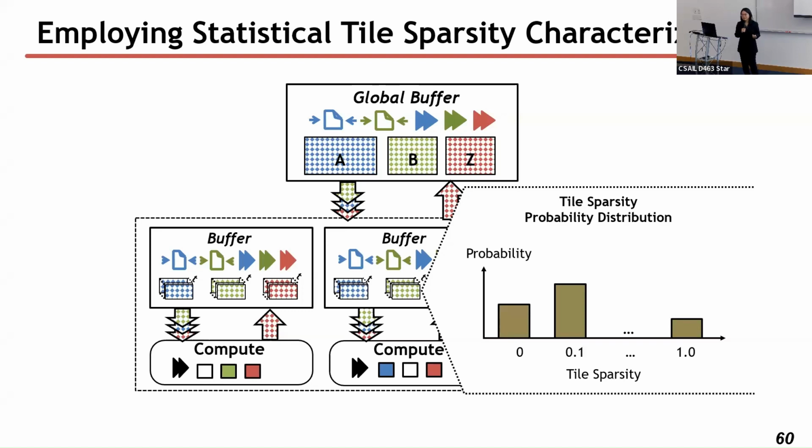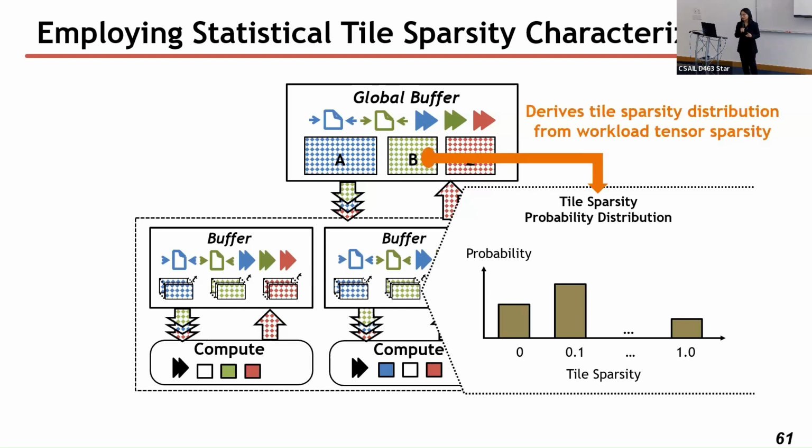And recall that we don't really have this information in the input specification. So the responsibility of Sparseloop is to generate or derive the sparsity distribution based on the provided tensor sparsity characteristics that the user will send into this infrastructure.